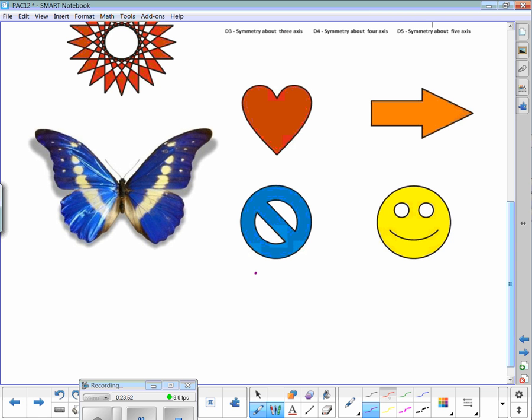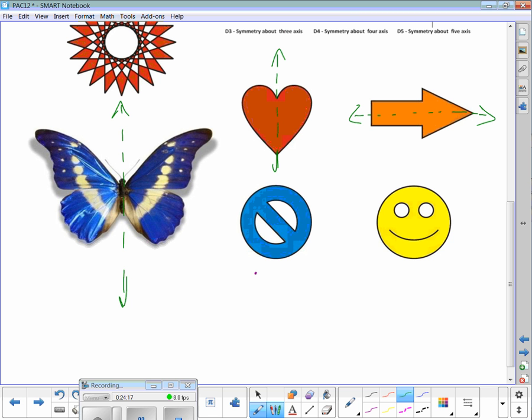All right, for time's sake here, line of symmetry. That one's easy, right? I do dotted lines. You could have done a solid line, right? Right down through the butterfly. The heart is the same way. Right down through there. The only way to do the arrow is to go this way. Who's 3 for 3? Okay.